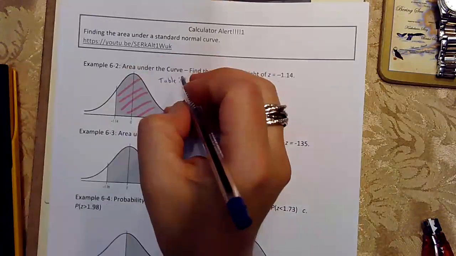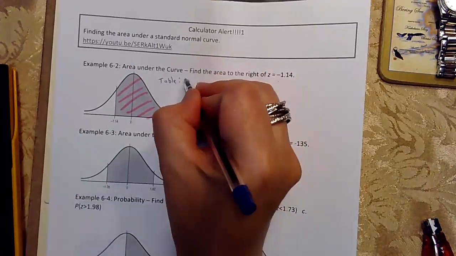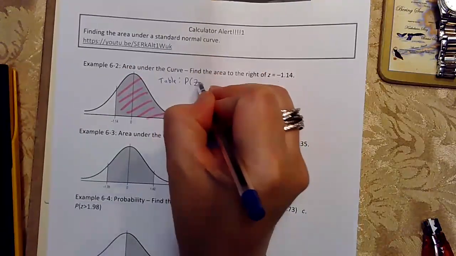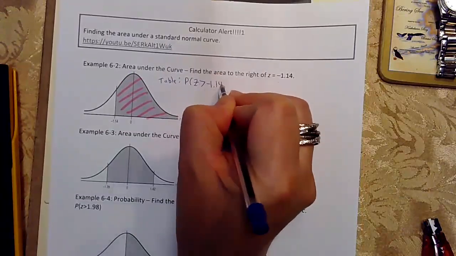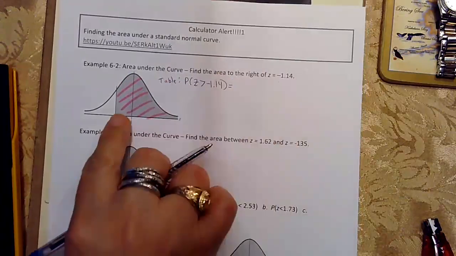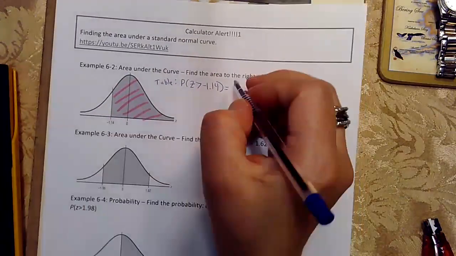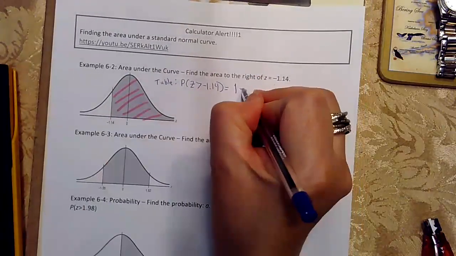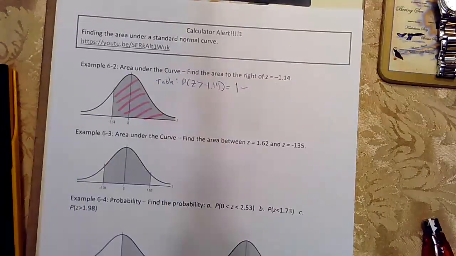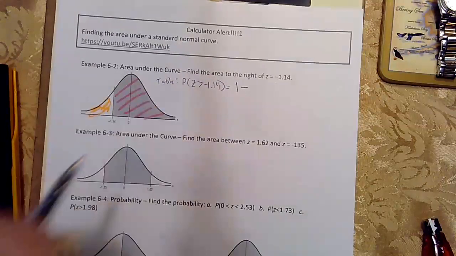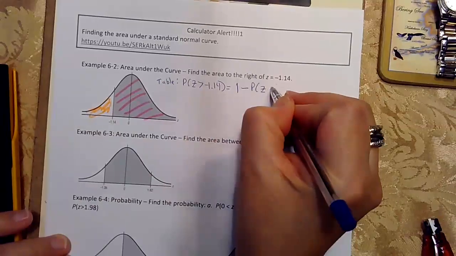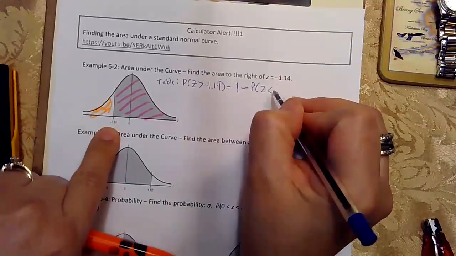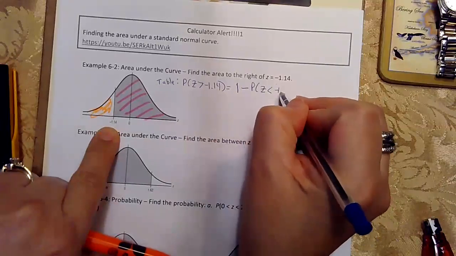So you're going to start with the probability that z is greater than negative 1.14. You have to take away this area, so that's 1 minus the probability that z is less than negative 1.14.